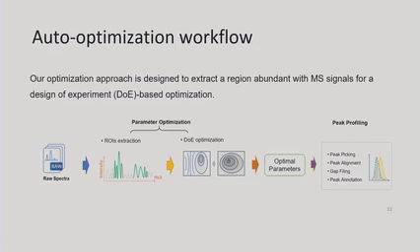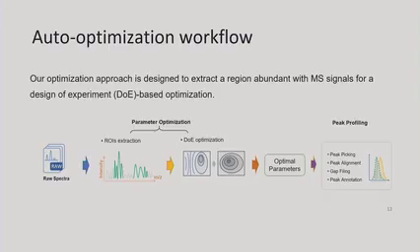You upload the data, and we extract a specific region abundant with MS signals for design of experiment-based optimization. In this step, we extract the most abundant part from the data, and we ignore the sparse areas, only for the parameter optimization.